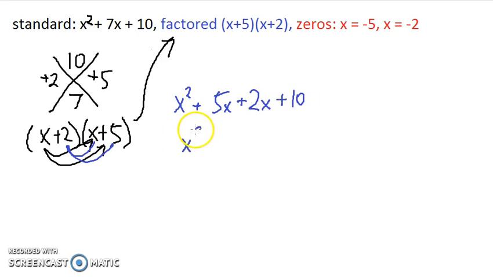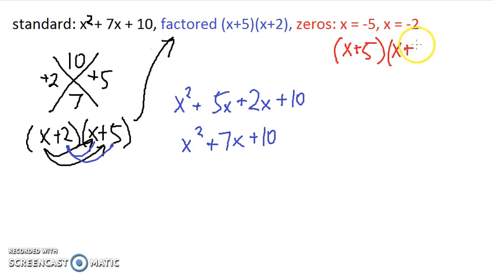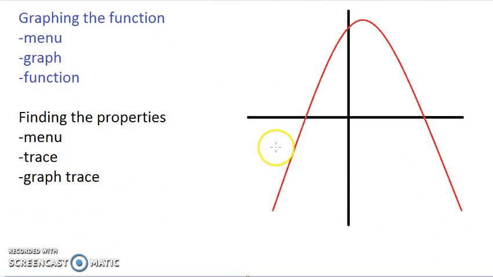It's the same thing as if you were to do the other one, x squared plus 7x plus 10. And then going from zeros to factored form, you just flip the sign around: x plus 5, and x plus 2. These are all the same thing.